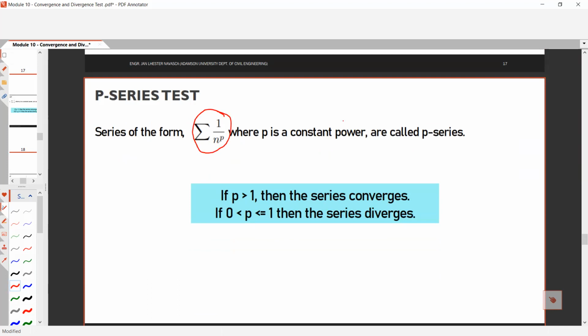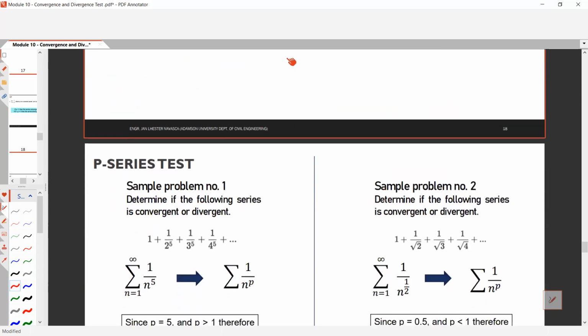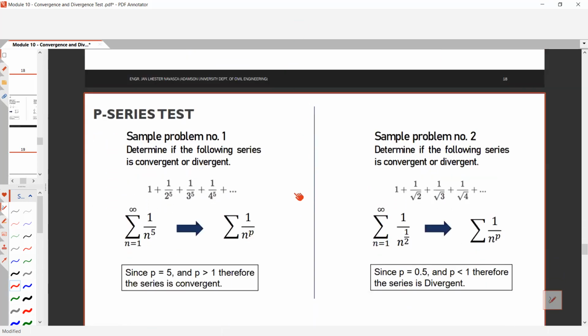Ganyan yung itsura ng summation mo or yung series mo, where your p is any constant power, and are called the p-series. So if your p is greater than 1, then the series converges. And if your p is greater than 0 but less than or equal to 1, then the series diverges.